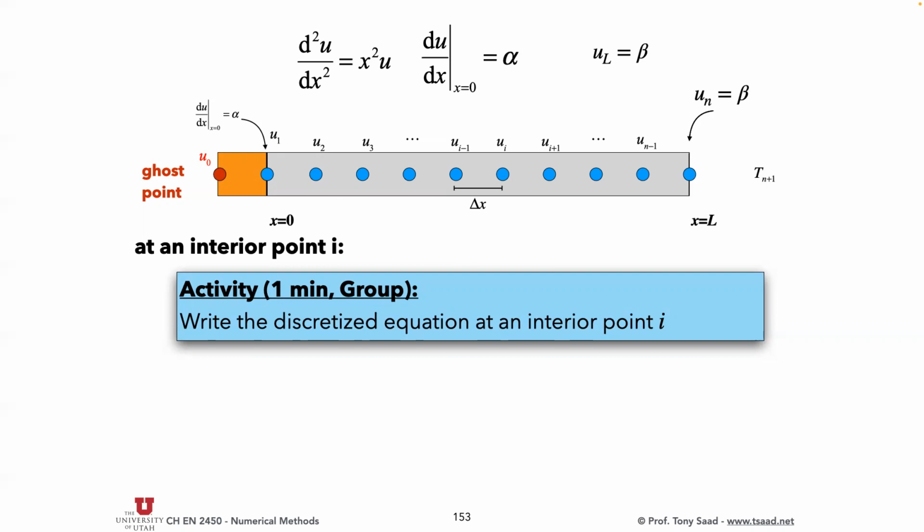Don't forget indexing over here. The first step is you really need to simplify this equation as best you can so that it looks very clean. Then you apply that at the Neumann boundary, imagine there's an imaginary point, and then discretize the Neumann boundary condition.